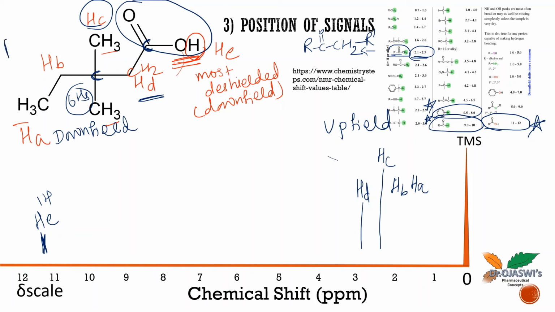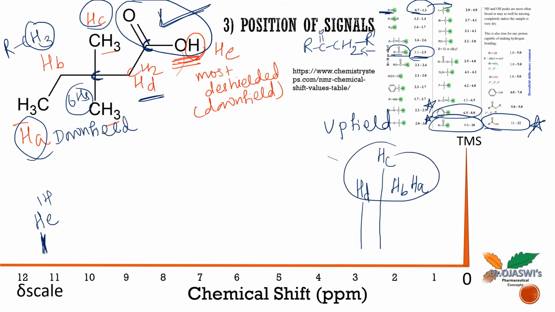This is just like RCH3, the first value 0.7 to 1.3, but there they are not expecting any electronegative group in the vicinity. But since in our structure we have this electronegative part, the carboxylic acid, definitely this Ha will appear downfield because it is more de-shielded, and therefore we can say that all these 4 peaks are appearing in this range only.